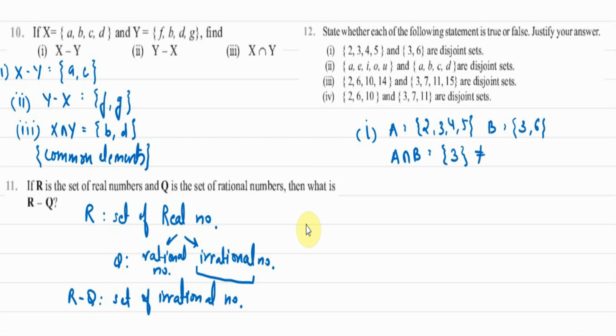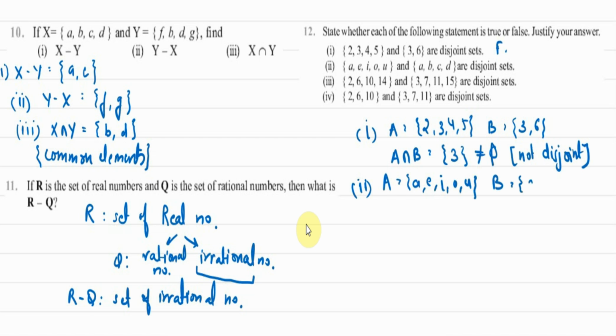A intersection B is not equal to the empty set. That means their intersection is not empty. So therefore they are not disjoint. Hence statement 1 is false. Next, in the second part we have sets of vowels. So A can be a, e, i, o, u. Then we can have set B as a, b, c, d.